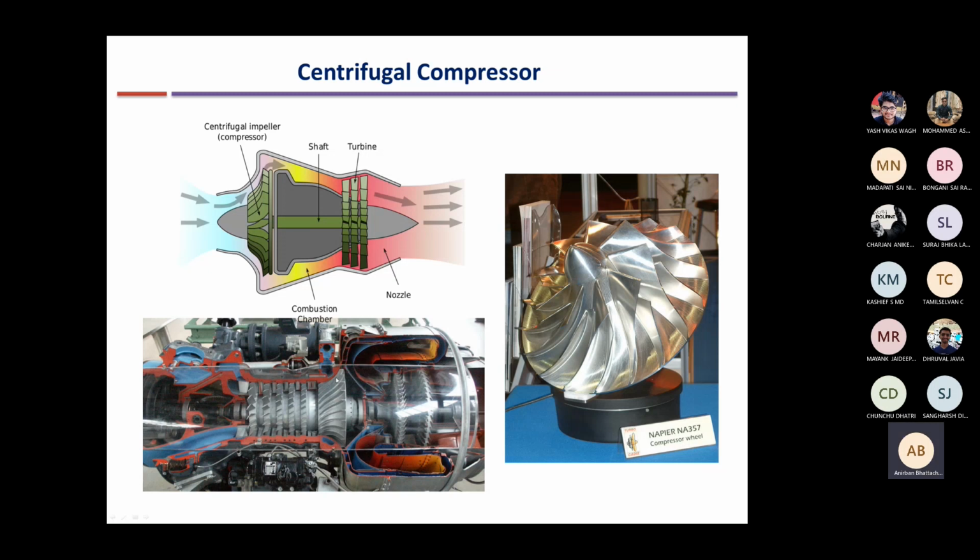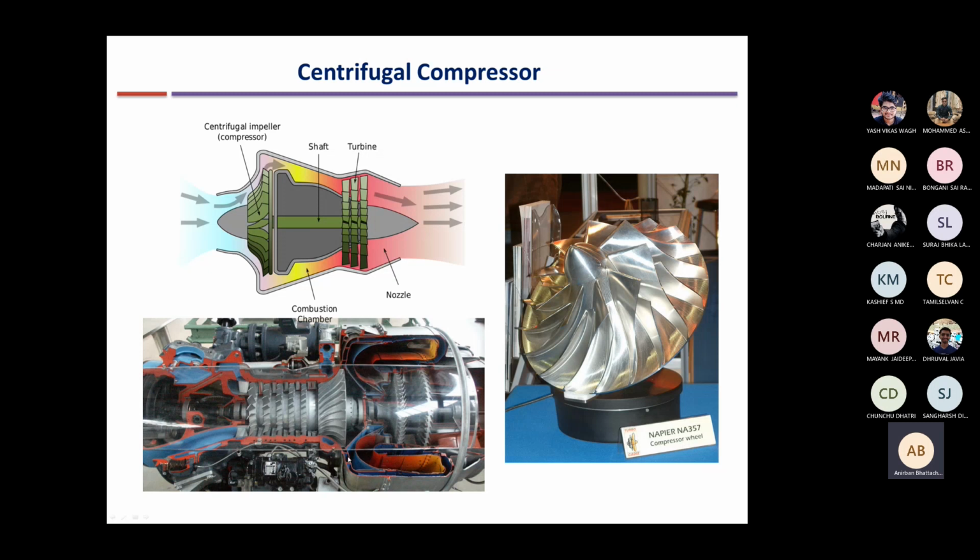Obviously, the frontal area will increase, because the diameter of the impeller has to be larger than the cross-sectional area of the intake. You can see that the axial compressor has a much lower diameter for the same air flow rate, because obviously the same air is passing through it. The centrifugal compressor cross-sectional area has to increase because of the nature of the impeller, as the flow has to move in a radial direction from the axial direction.